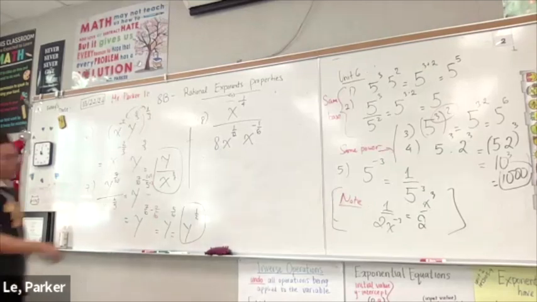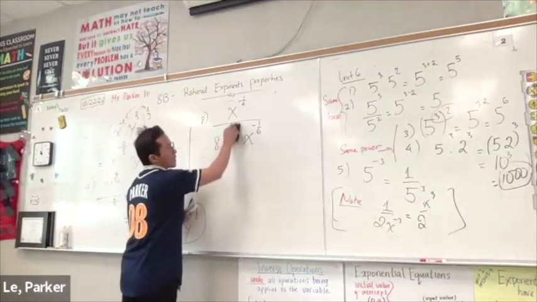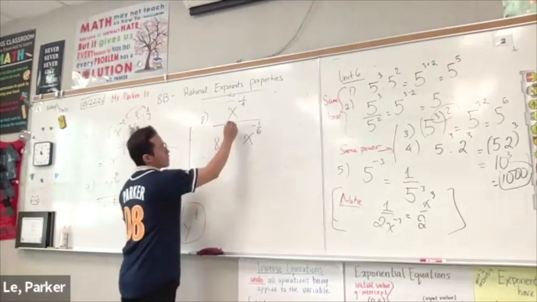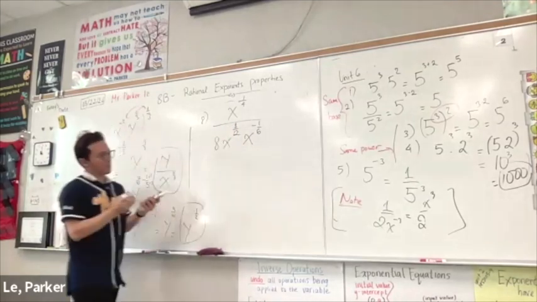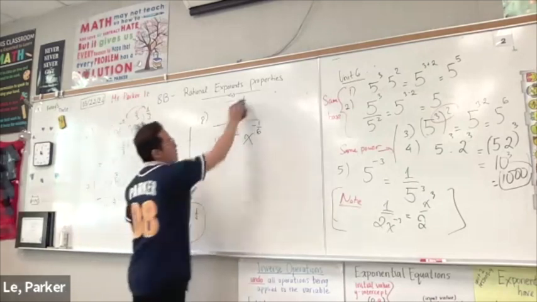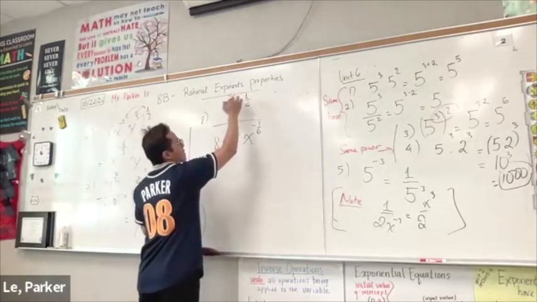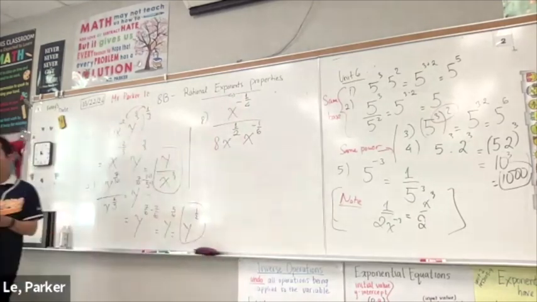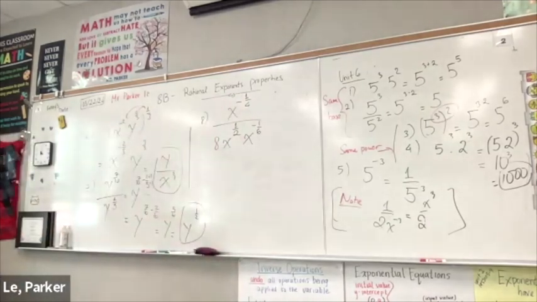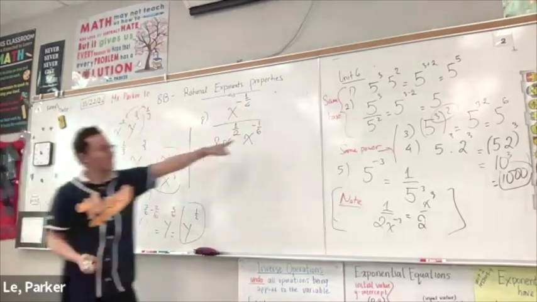This is 1 over 2. Okay. So make sure you can read it. This is negative 1 over 4. So make sure you, because 6 is this.